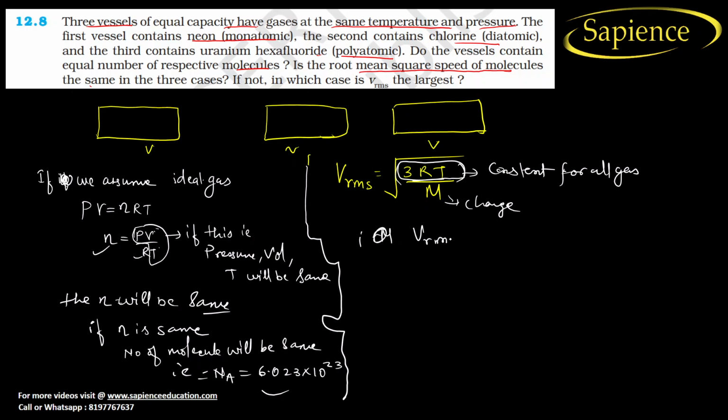So VRMS is inversely proportional to the root of the molecular mass. So which has the largest VRMS? VRMS is largest for minimum molecular mass.